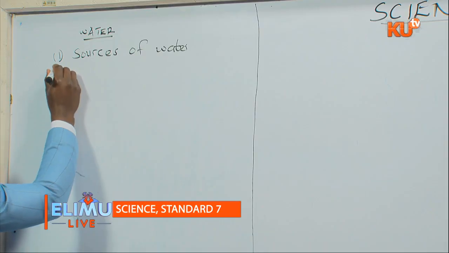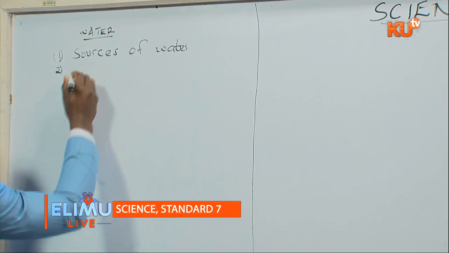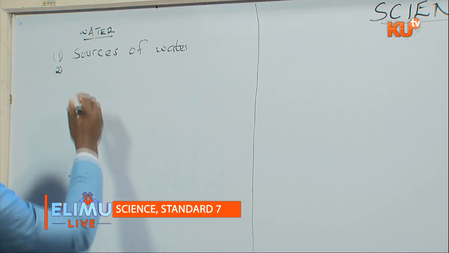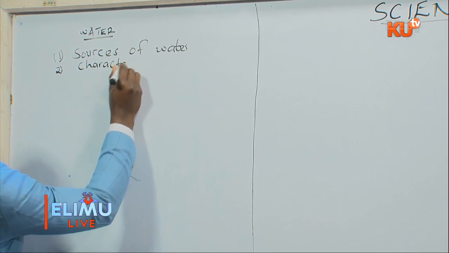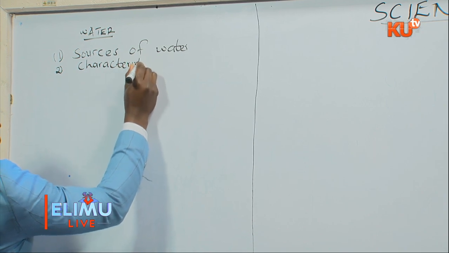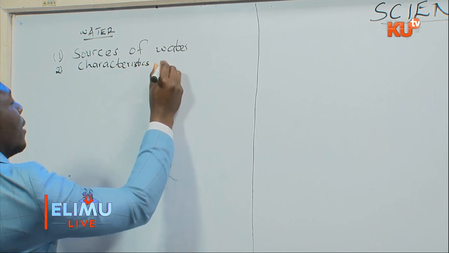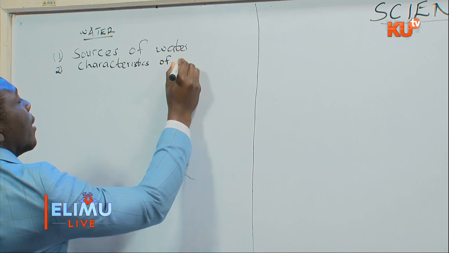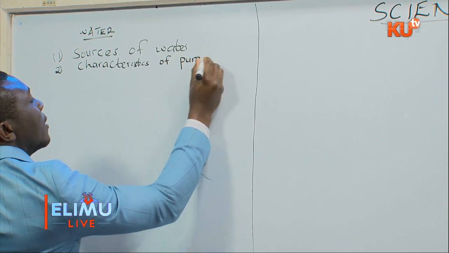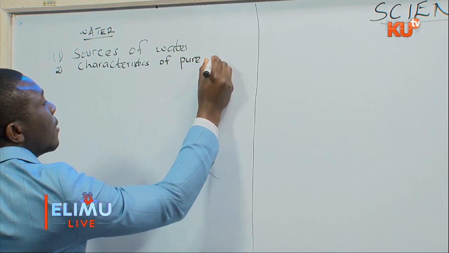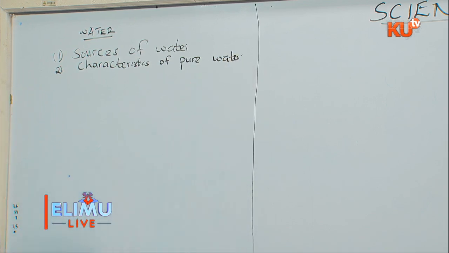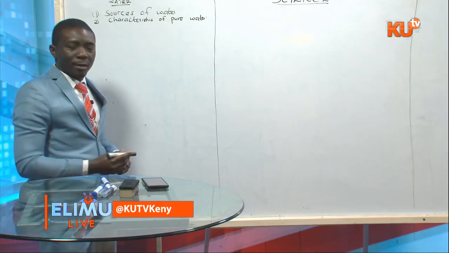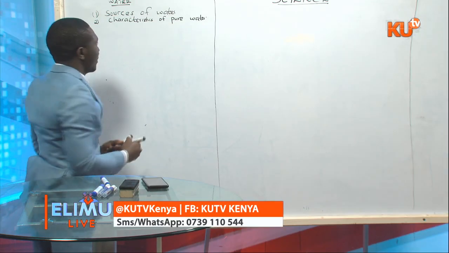The other thing that we learned in standard 1 was the characteristics of pure water. Water that is pure is free from germs or pathogens. It is colorless, odorless, and tasteless.